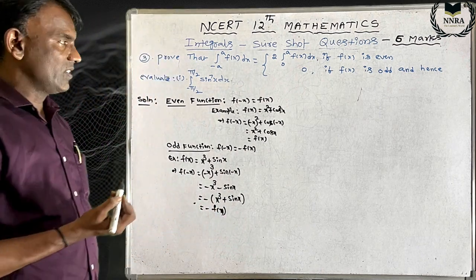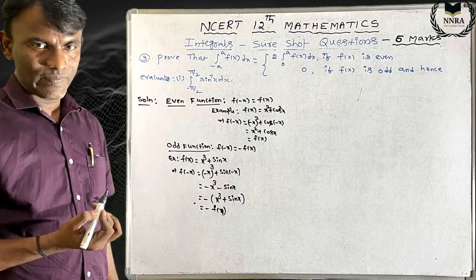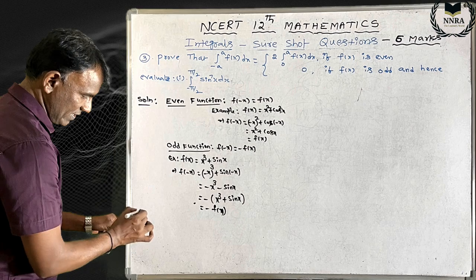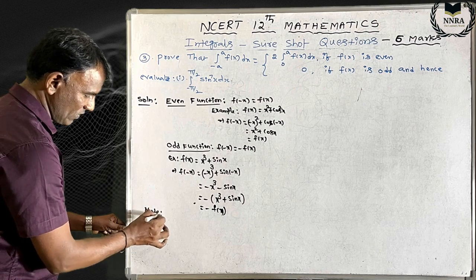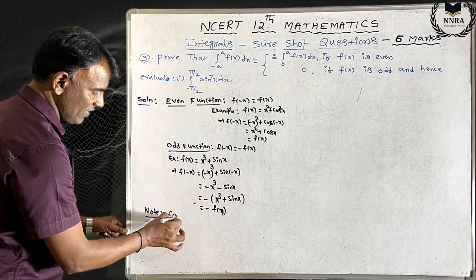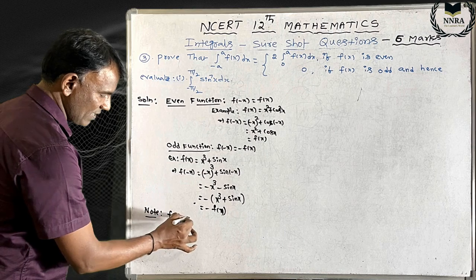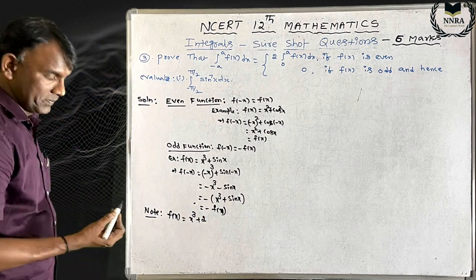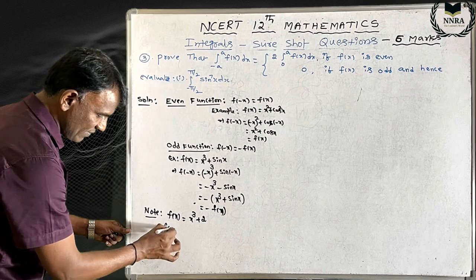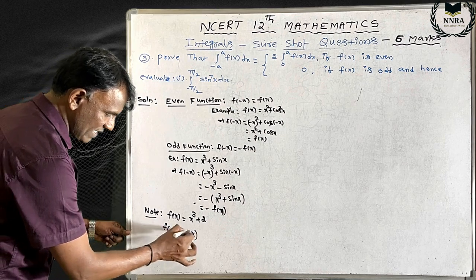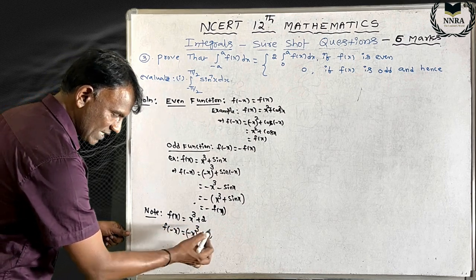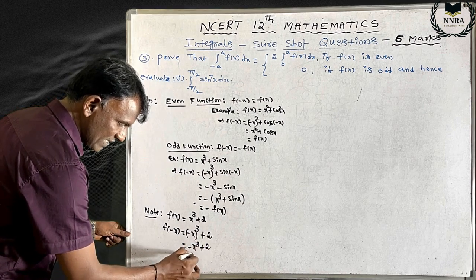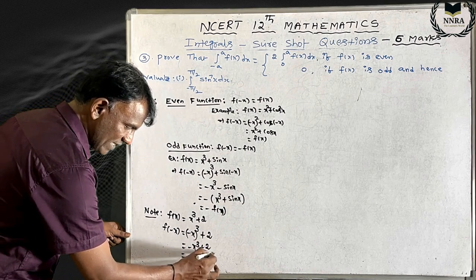Okay. So coming to even and odd, I'll give one more example also. Just writing it like a note. f of x equals x cube plus 2. Suppose you want f of minus x, how to write it? Minus x whole cube plus 2, right? Then minus x cube plus 2. Suppose minus is common, then we get minus of x cube minus 2.